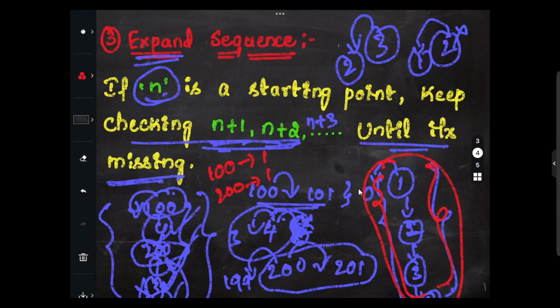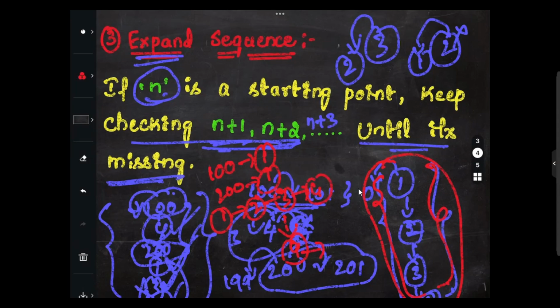Here for 100 it was only 1, for 200 it was only 1, and for 4, 3 and 2 the previous element was found, so we will be ignoring those. For 1 we have 1, 2, 3 and 4, right? So this is the longest sequence we got.